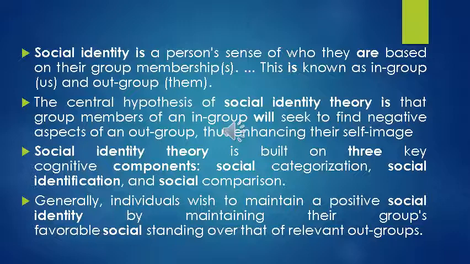Social identity theory is built on three key cognitive components: social categorization, social identification, and social comparison. These are the keys on which we can build social identity theory.